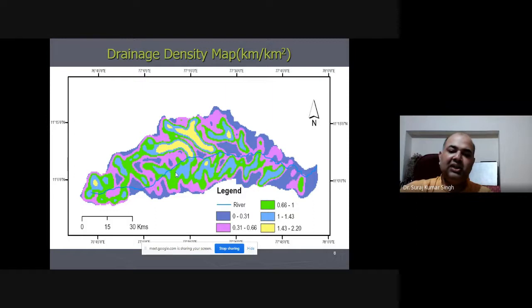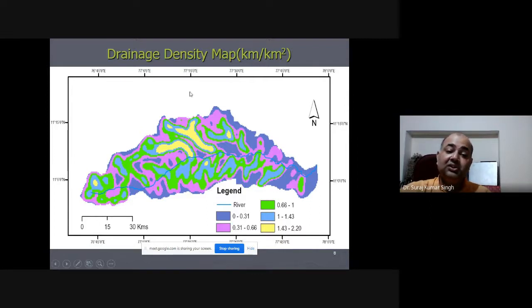You see that the line shows the major river, and then you have ranges from 0 to 0.31, 0.31 to 0.66, 0.66 to 1, and 1 to 1.43. What are these indicative of? They are indicative of the amount of runoff: in which area the runoff is high, and in which area it is low.